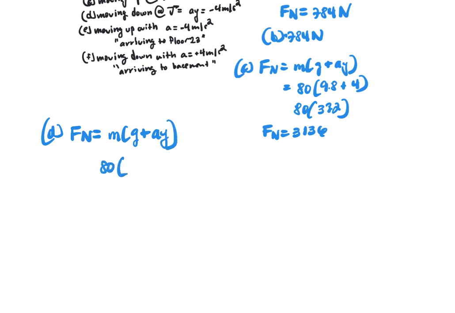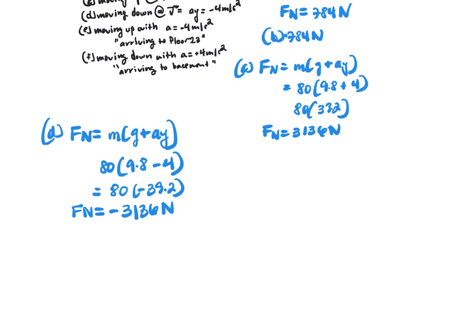So our guy is at 80, gravity is 9.8, but this time it's a -4. 9.8 times 4 is -39.2. So it's 80 times -39.2, which is -3136 newtons.